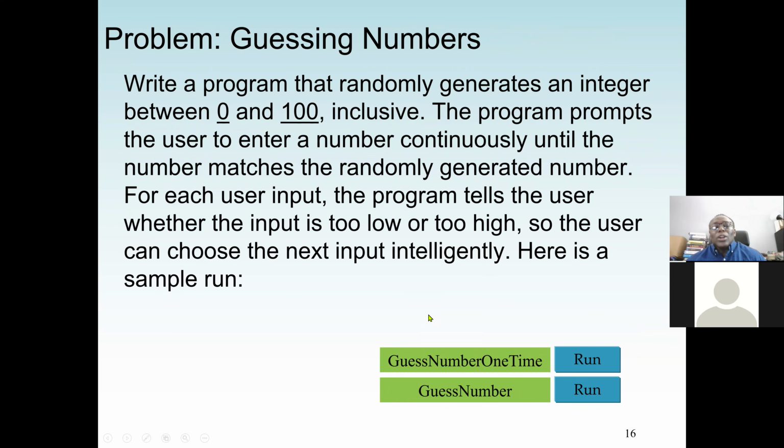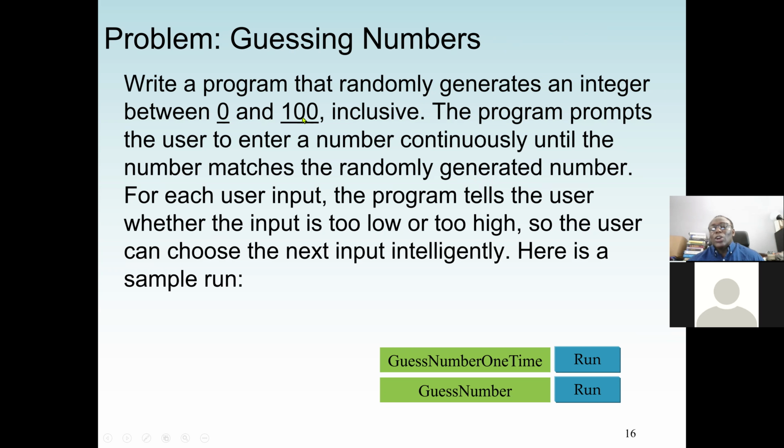So there's another program. Here we are going to guess numbers. It will give us some number, then we guess what it was. Again, we're going to use the random method to generate the number, then we guess the number and see if we get it right or wrong. So here they say, write a program that randomly generates an integer between 0 and 100 inclusive, meaning 0 is included and 100 is included also.